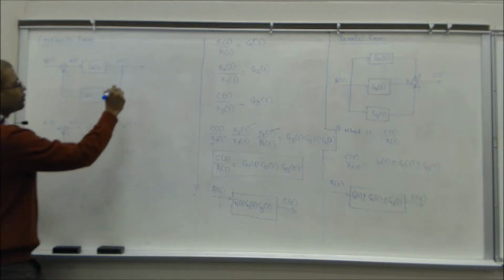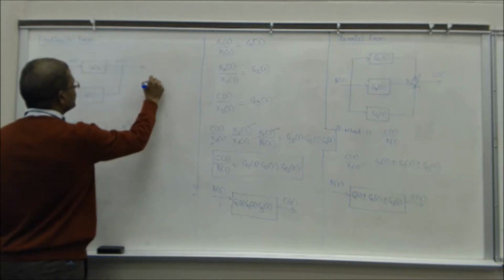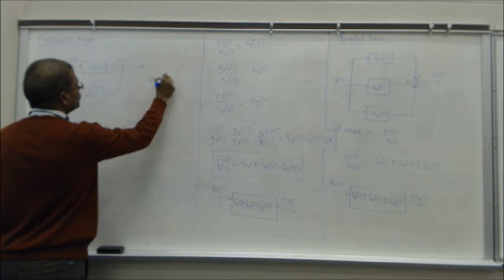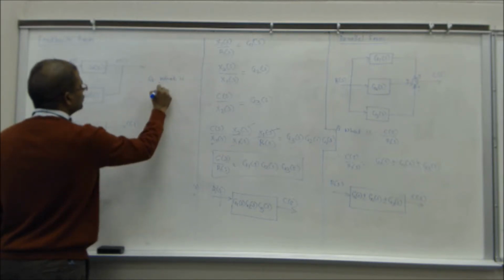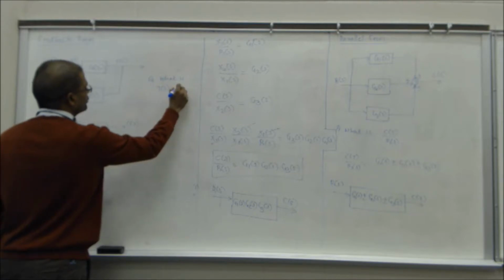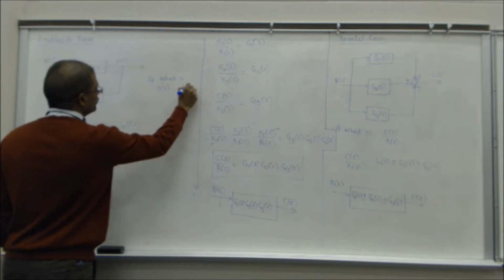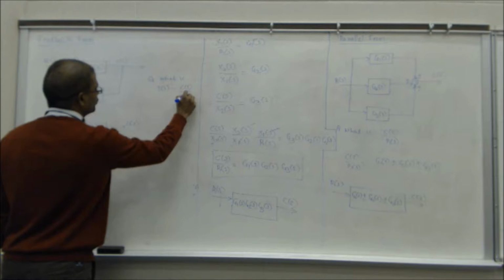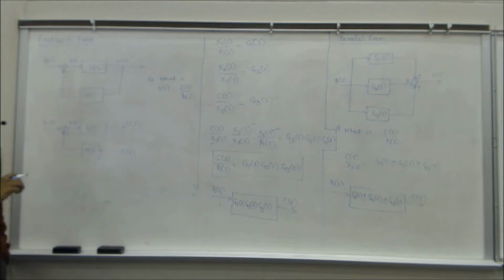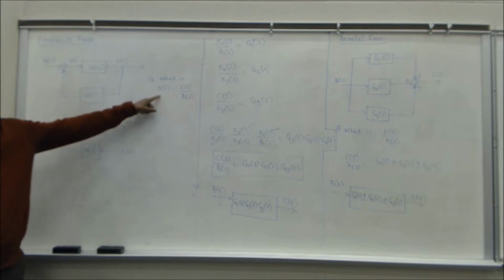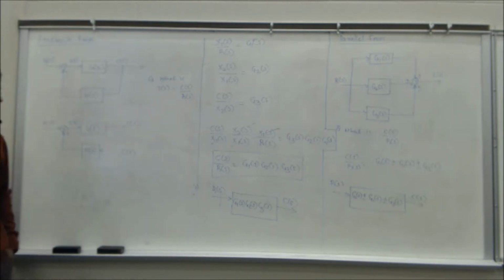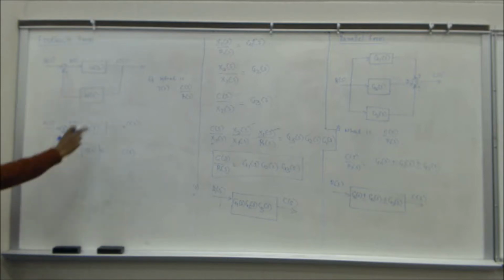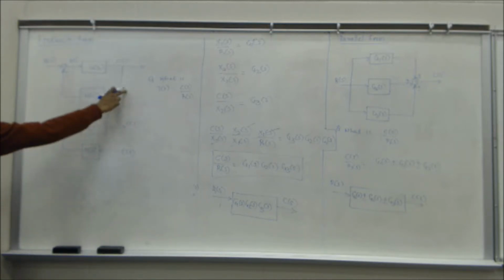Your question again would be very similar. Question would be, what is T of S which is equal to output over input? Your question would always be to figure out the transfer function. For a feedback form, we use T of S. For an open loop, we use G of S.